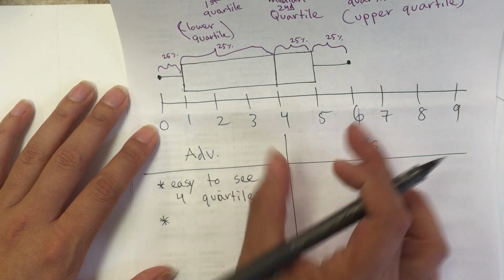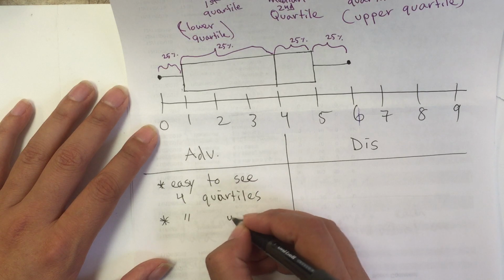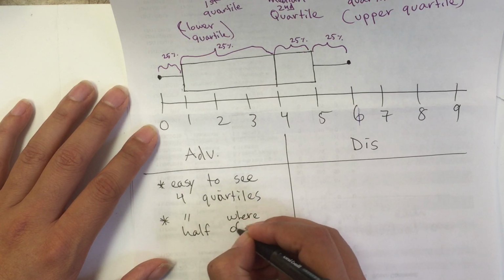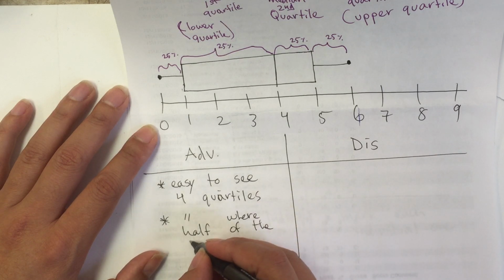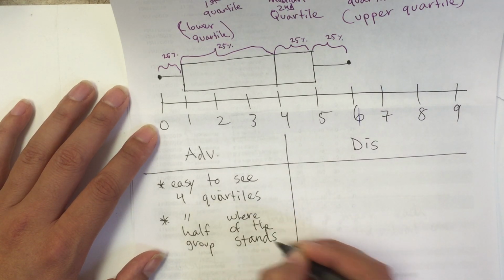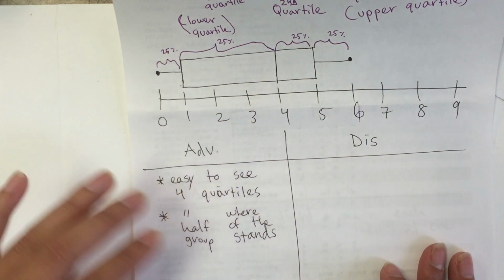And also easy to see where half of the group stands. Either the upper half or lower half, we can compare those.